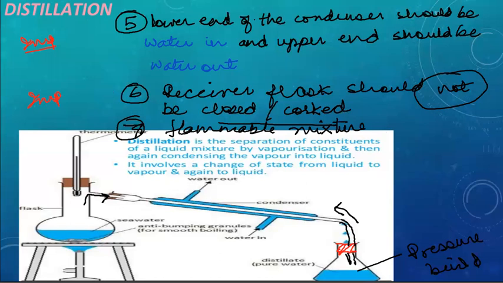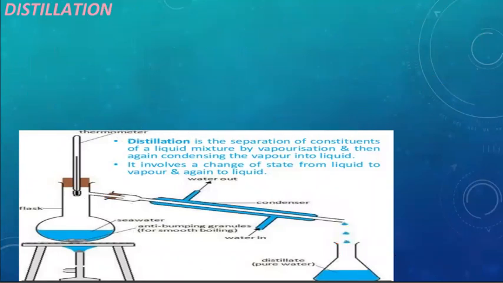So what we do here is that we will be indirectly heating it. हम इसको indirectly heat करते हैं either through the water bath or through the oil bath or through the sand bath. ठीक है, तो हम इस particular mixture को indirectly heat करेंगे, right? If you have a flammable mixture, that's the last precaution.